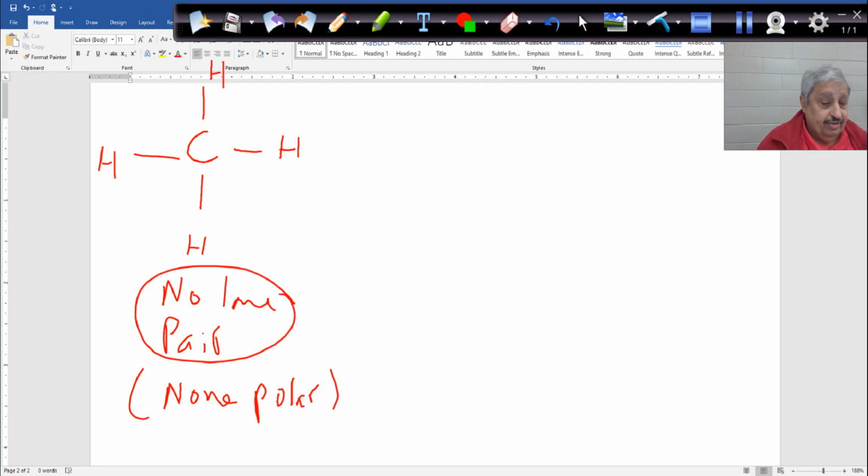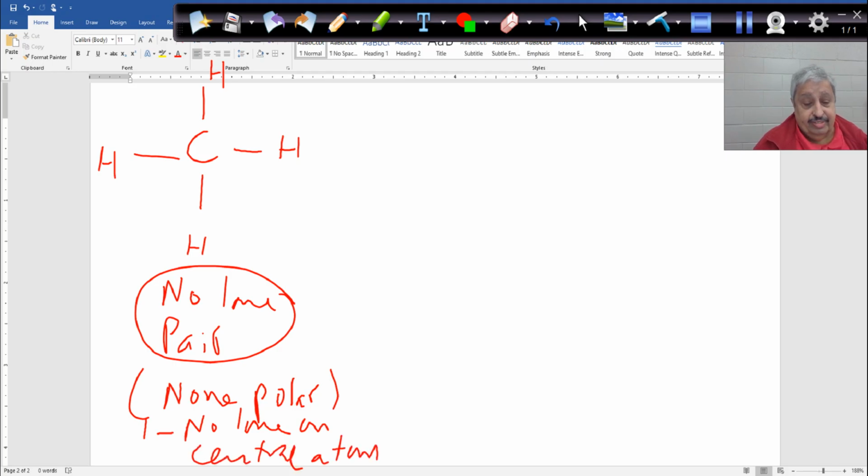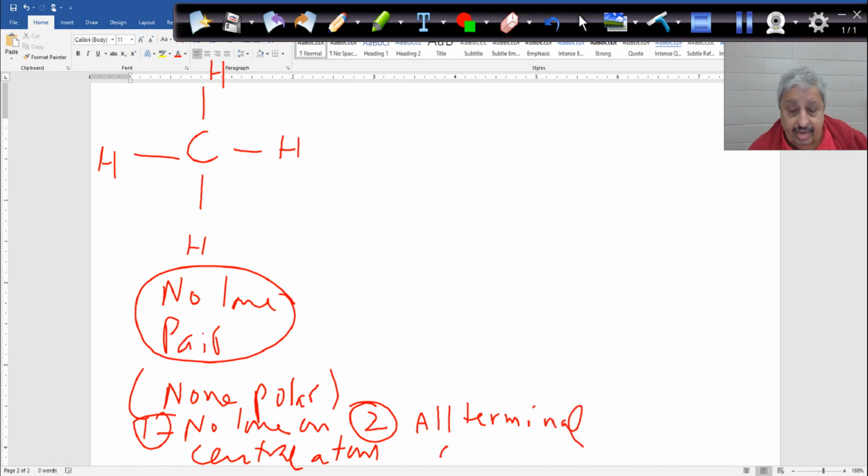No lone pair first, and 2 reasons. 1, no lone pair on the central atom. And what's the second one? This is number 1. Number 2, all the terminals are what? Identical. If they're identical, that will be non-polar, correct? So all terminal atoms are identical.